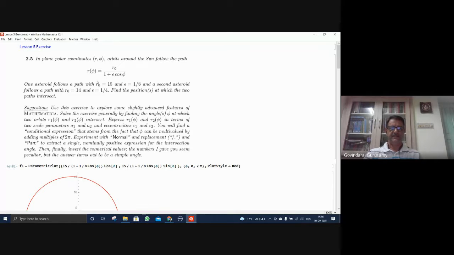Am I right? Because it's polar coordinates, r is given. So we take r0 by 1 plus epsilon cos phi into cos phi, and then r0 by 1 plus epsilon cos phi into sin phi. Plot one against the other. It's a parametric plot.